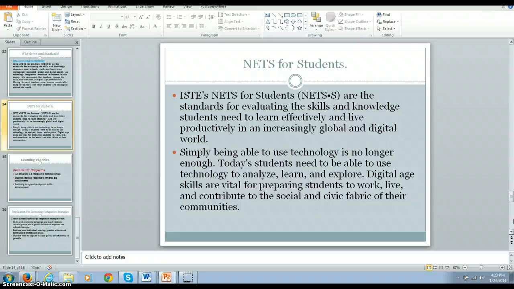So if we don't know the standards or the level at which we call, oh, now they are able to analyze, then how are we going to actually know whether our students are meeting what today's students, 21st century students, should be able to do? So we need standards for us to be able to measure if our students are at the 21st century level.